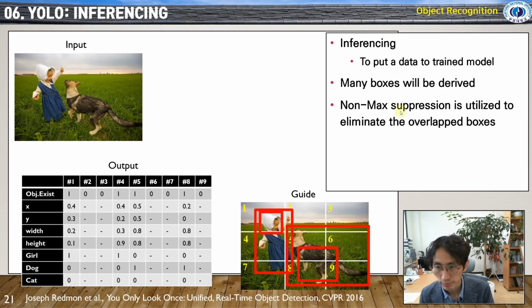Here the authors of this paper applied non-max suppression to eliminate the overlapped boxes. If the overlapped region is more than 50% or 40%, which is up to the implementer, the algorithm will remove the overlapped boxes. Then we may get a clear and corrected result.